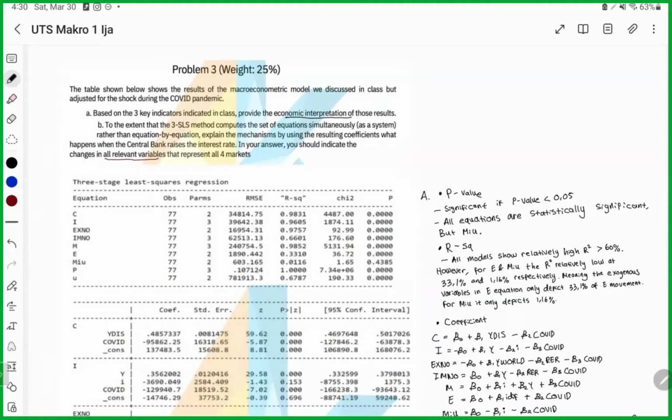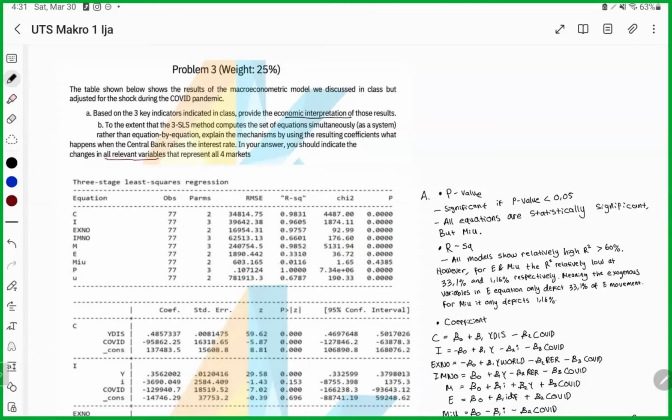And then from R-square, all models show relatively high R-square, which is higher than 60%. However, equation E and equation MIU are relatively low, at 33% and 1% respectively.